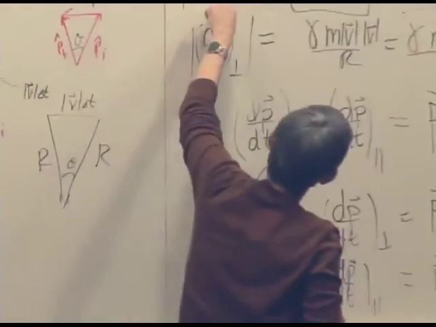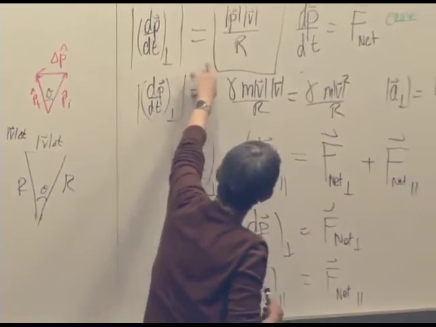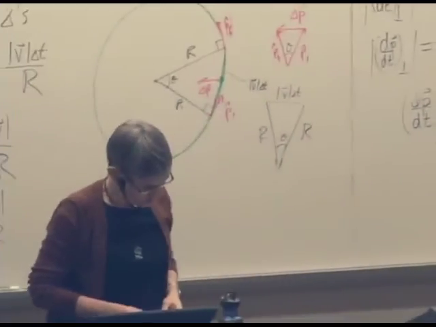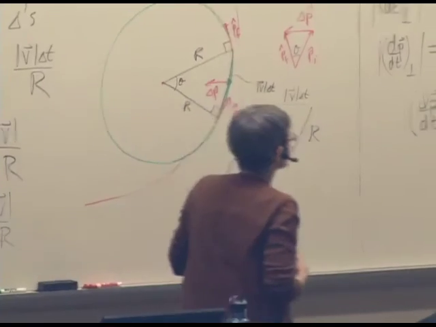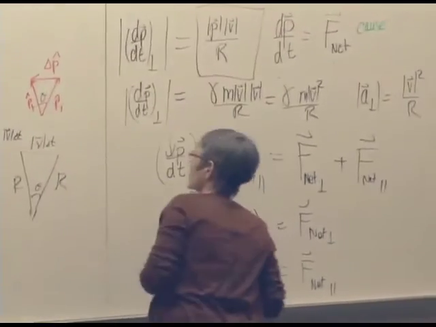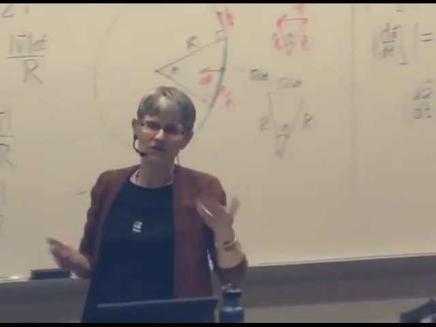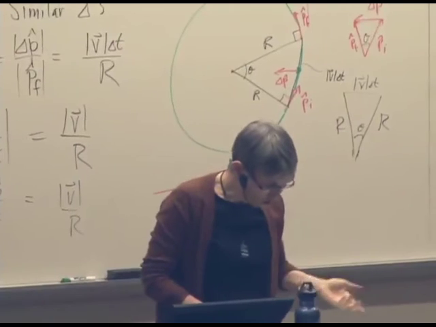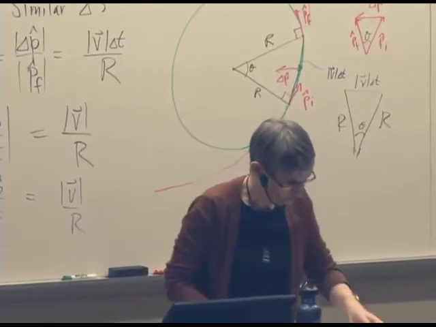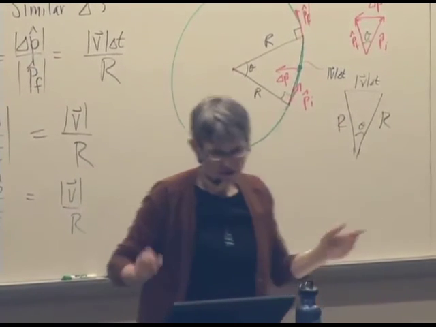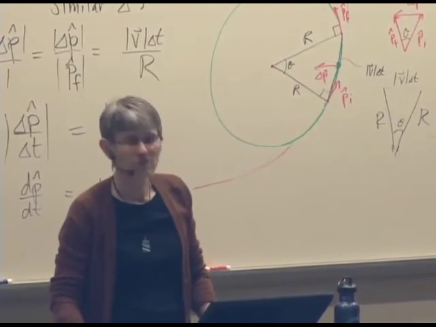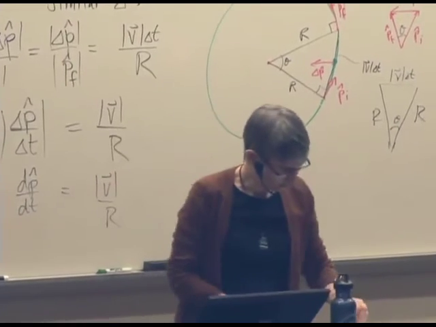So basically, this perpendicular component of dp/dt, the component that's turning it, is equal to gamma mv squared over r, or pv over r. When is this useful? It's useful if you know the radius of the kissing circle. You certainly know that if it's traveling in a circle. You might actually know it at some other times too. So let's see if we can use it to calculate something here.